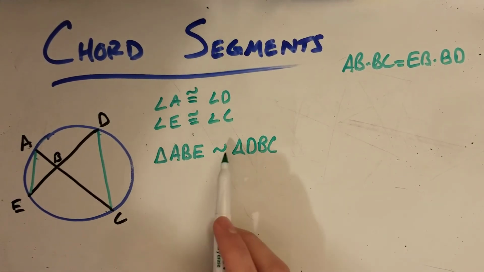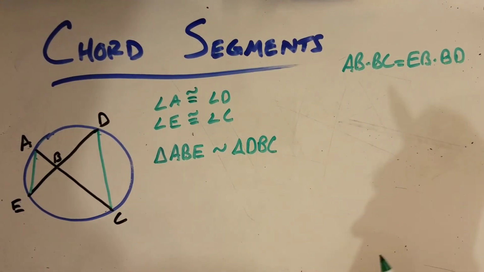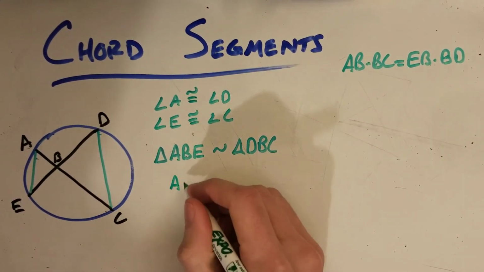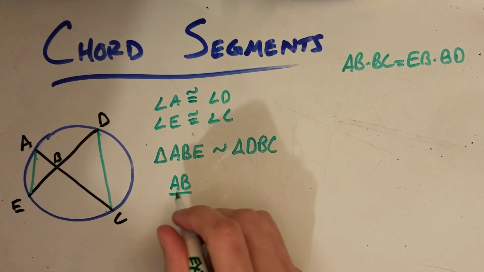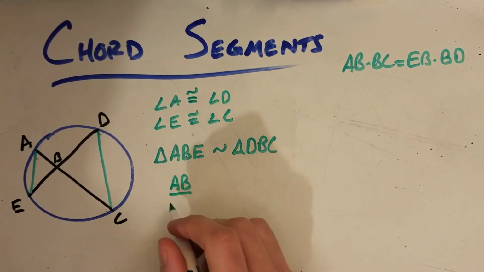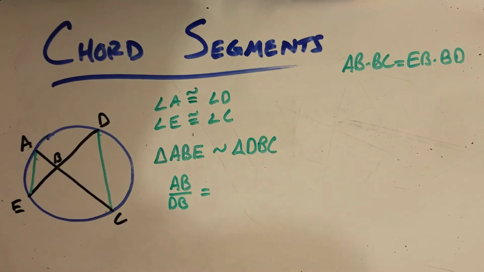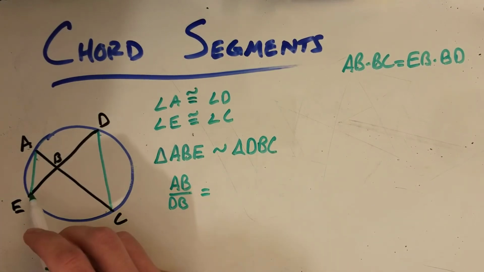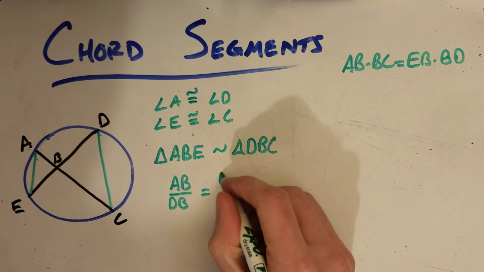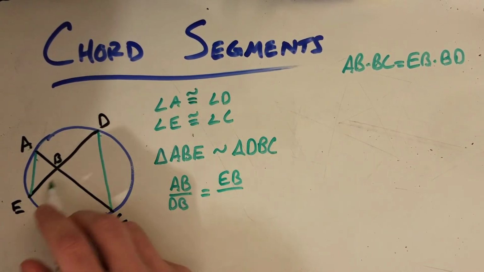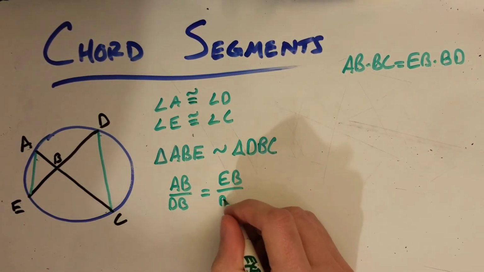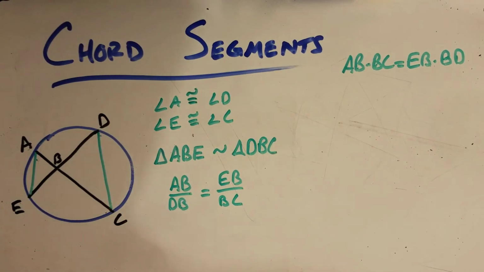So we know these two triangles are similar, and based upon similar triangles, we would know that the ratio of AB to DB is going to be equal to the ratio of EB to BC. Now that we have set up the ratios, we know this by the definition of similar triangles.